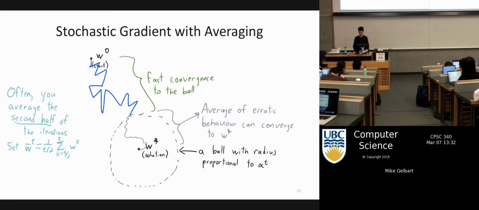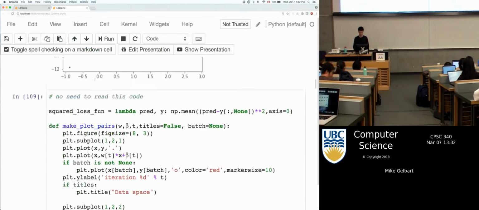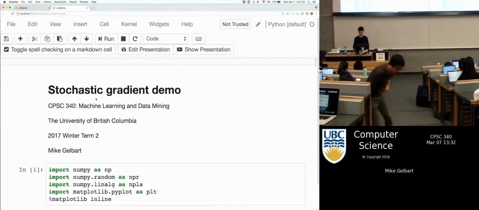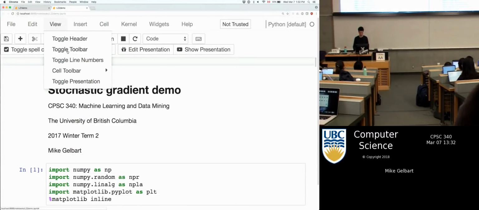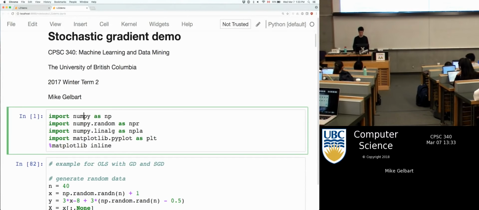Okay, I'm going to switch over to Jupyter. I'm excited about this demo, so I hope it works out. No surprises, hopefully.